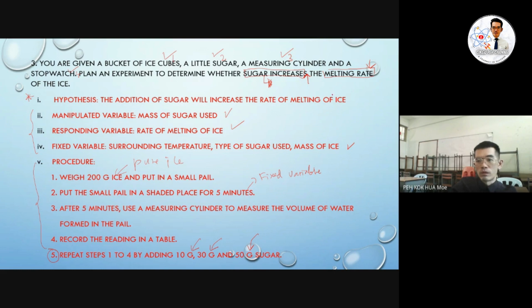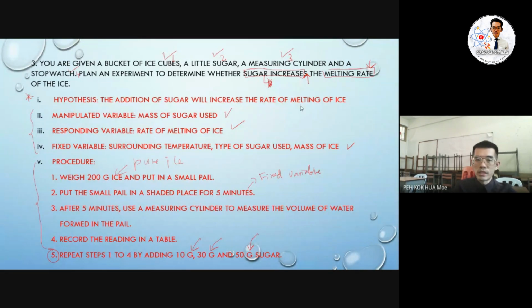But if we follow the result for this hypothesis, when we increase the sugar, the melting rate will be increased. That means the 50 grams of sugar is expected to produce more melted volume of liquid. This is what we can imagine from the answer given by the hypothesis.